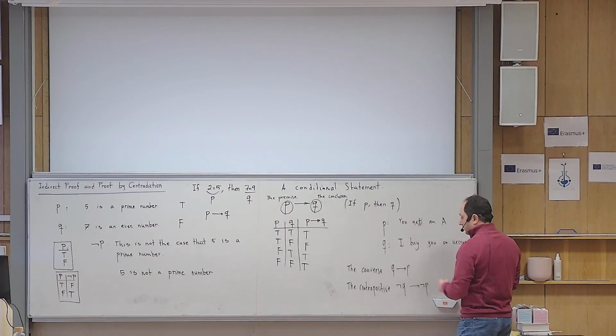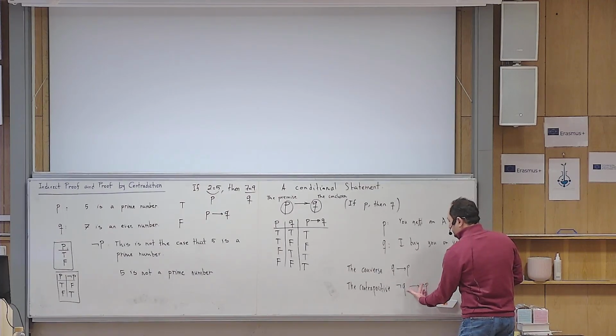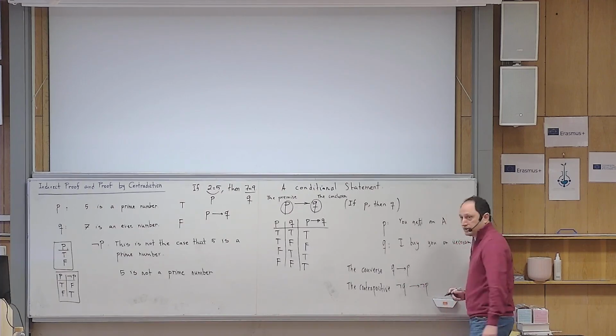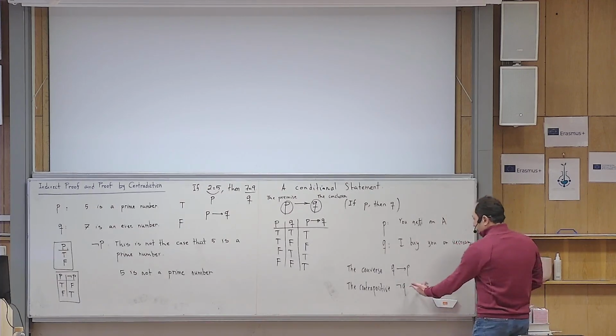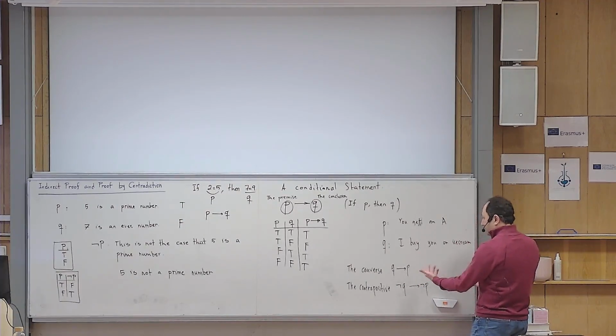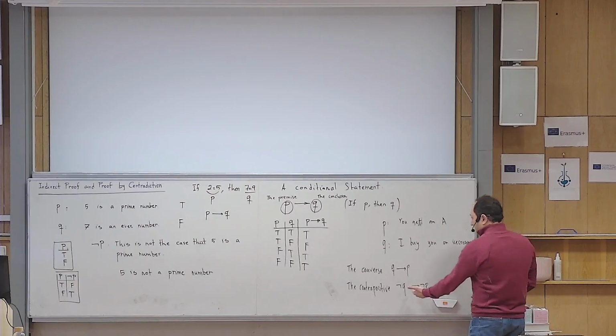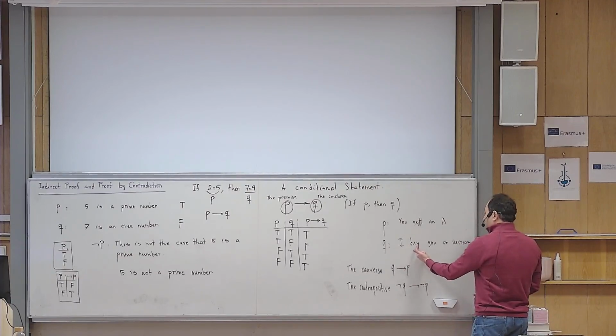Okay, we will check it out. And now I am saying that not only you swap them, but you negate both of them. And let us read this again. Of course, I have to adapt the grammar in English, yes? So I would say that this is not the case that I bought you an ice cream.